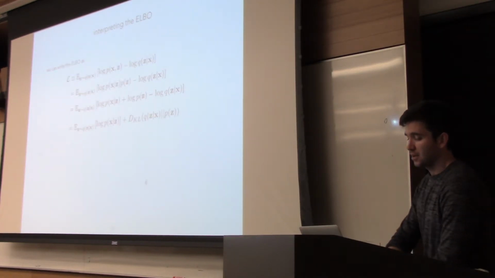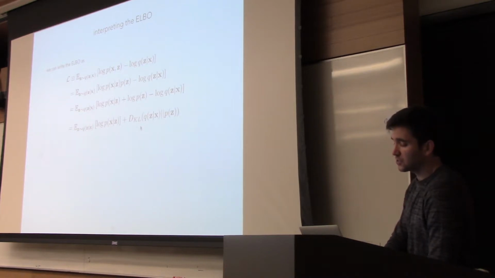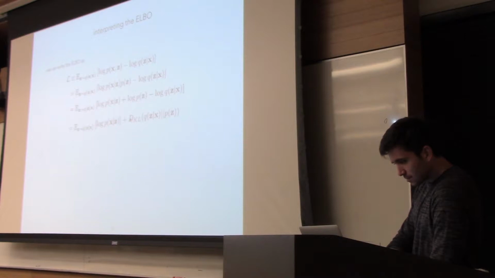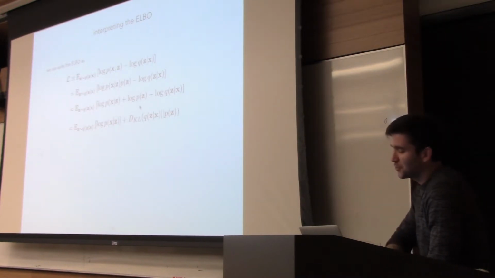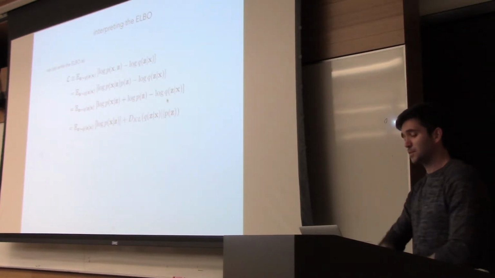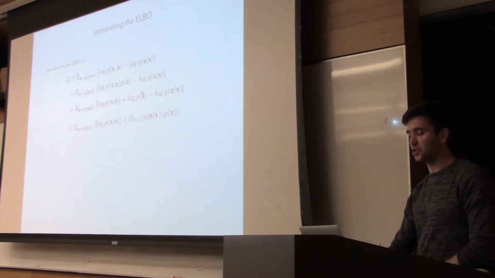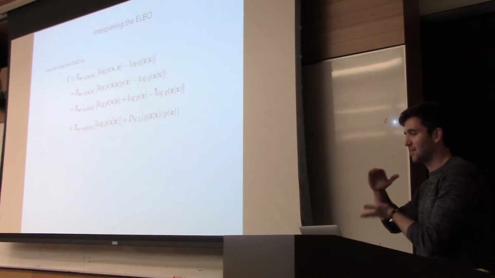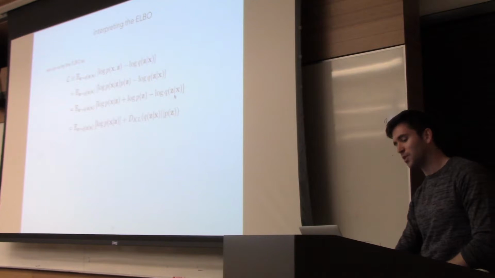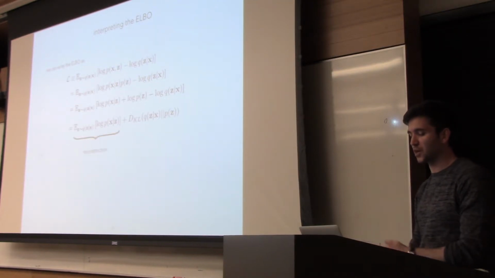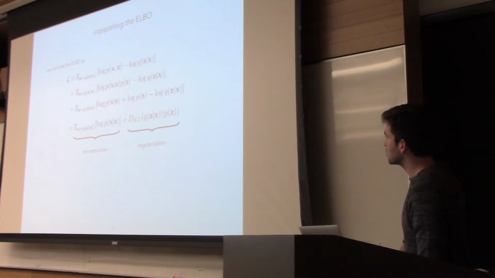And then the definition of KL divergence is there, there should probably be a minus sign. Either way, the definition of KL divergence is the expectation over the top distribution of the log ratio of one distribution to the other distribution. So we can write out here a reconstruction term and a regularization term.